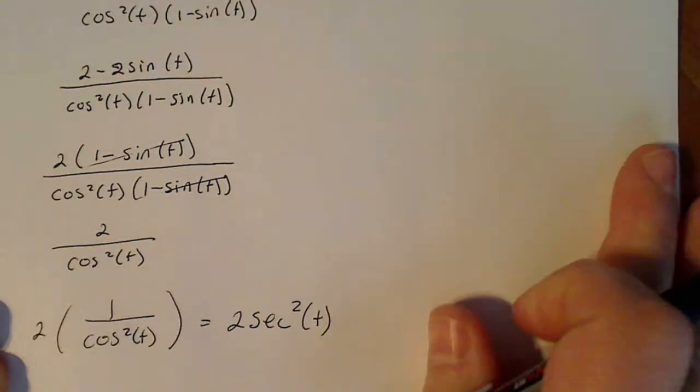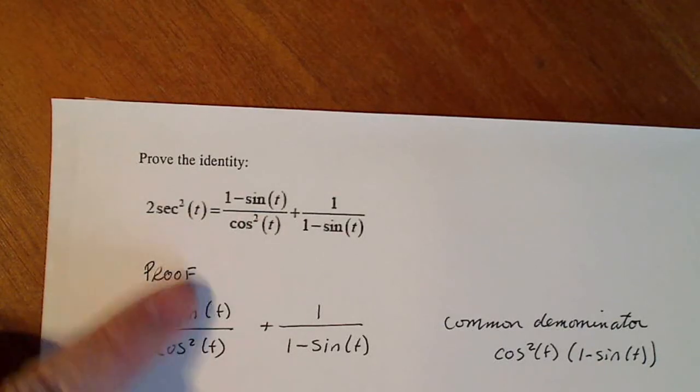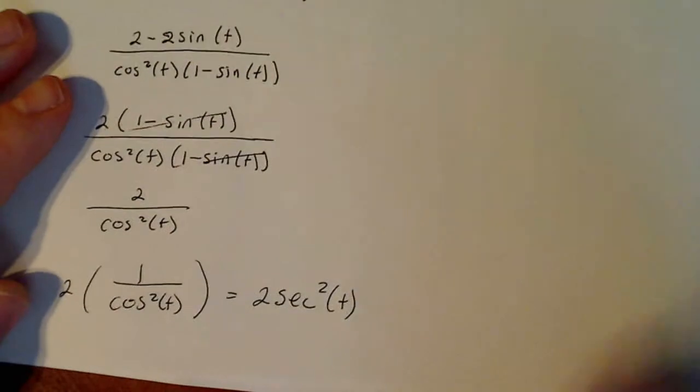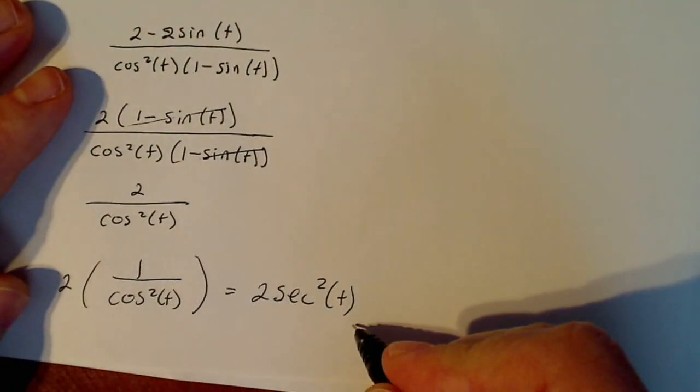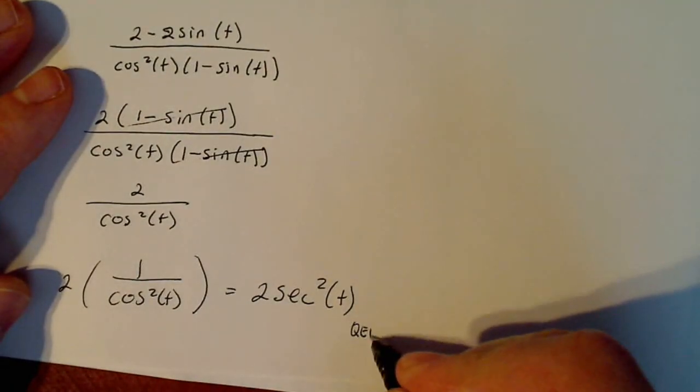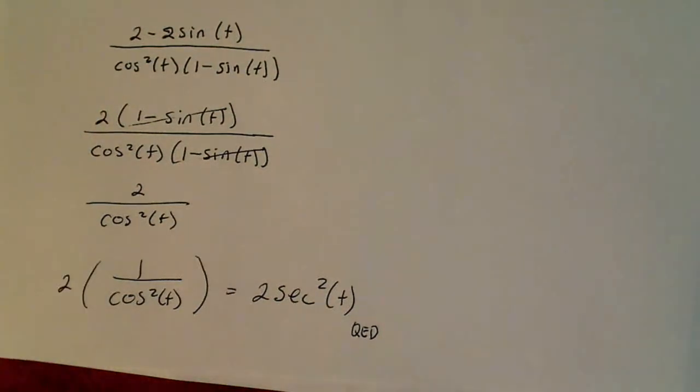And if you take a look at the original, that's what we want. So down here, I can say that I am done. You can put QED or your little rectangle or whatever you want to say that you're finished. But I've just proved the identity.